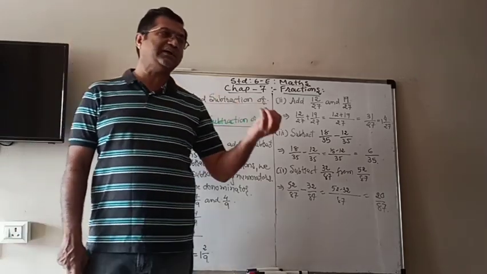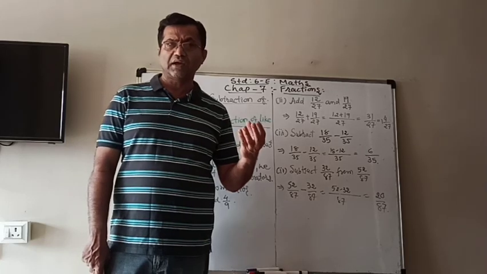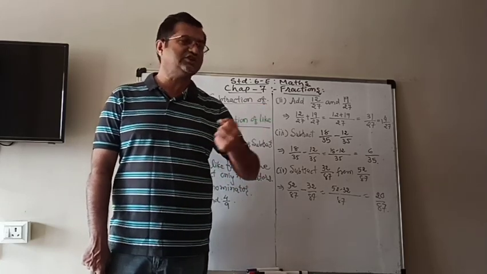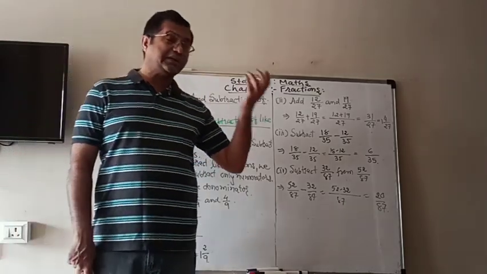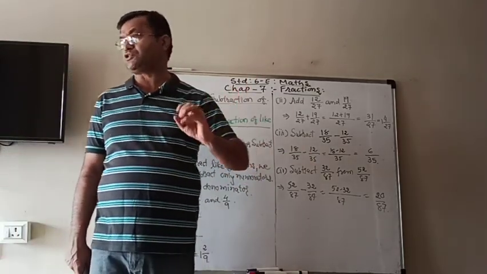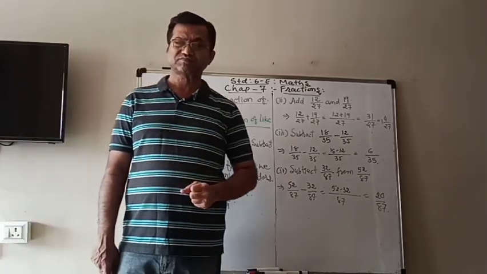We know how to add the whole numbers and integers also. We learn on the number line also, without number line also, we know how to add those whole numbers.